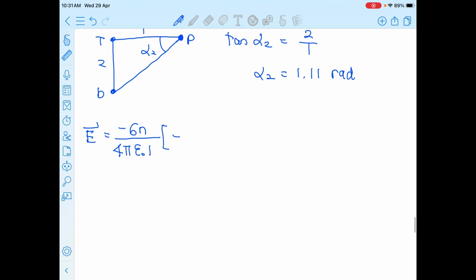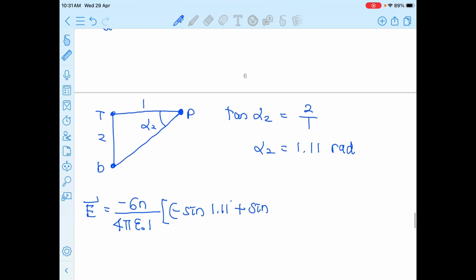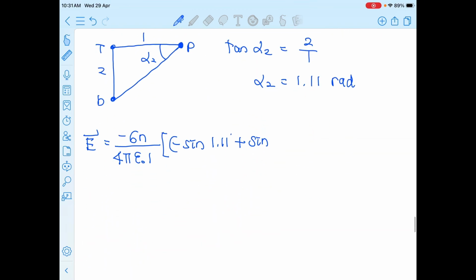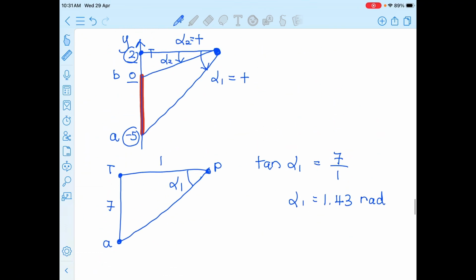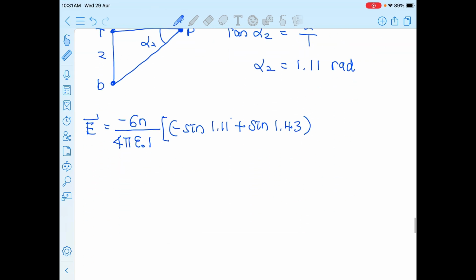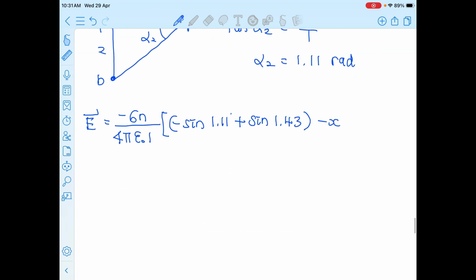And then minus sine alpha 2, 1.11, plus sine alpha 1, where alpha 1 is 1.43. And behind we have to fill up the unit vector r. So unit vector r is negative x, and plus cos alpha 2 minus cos alpha 1.